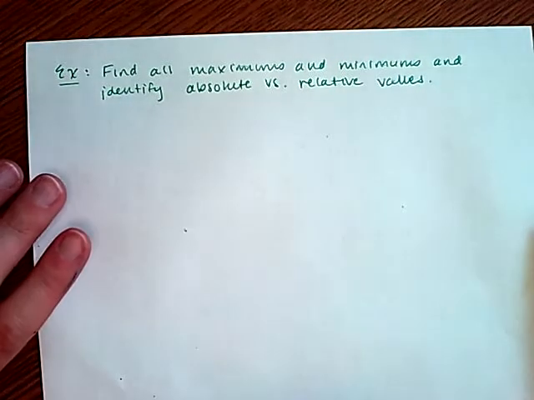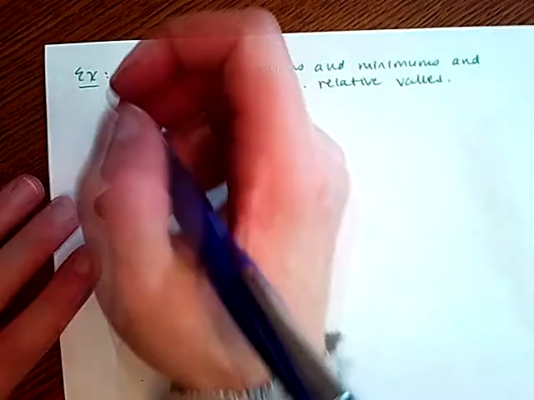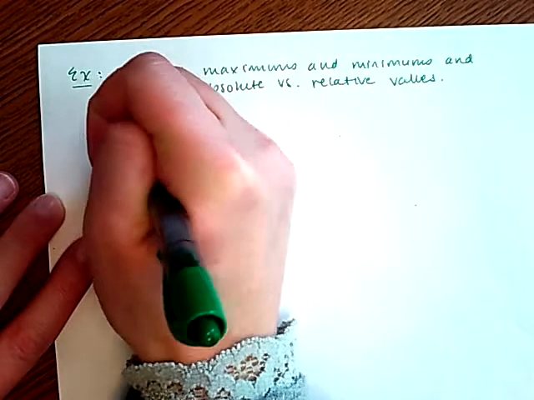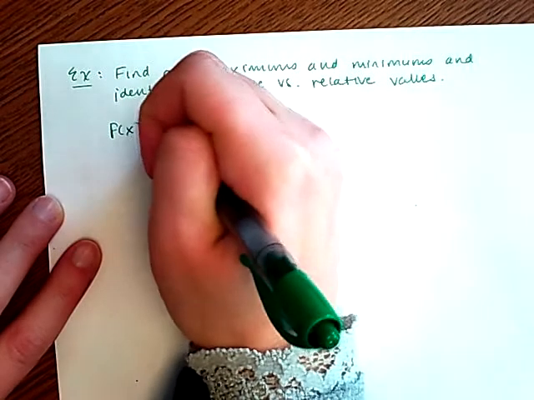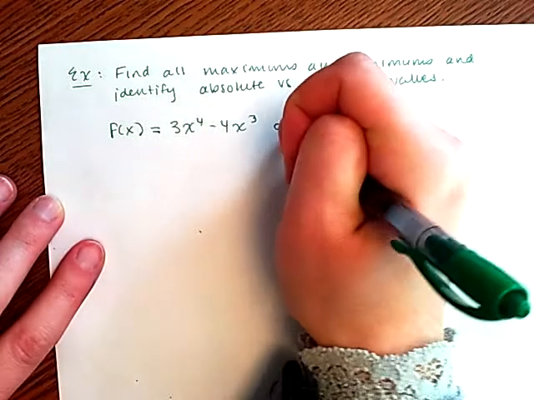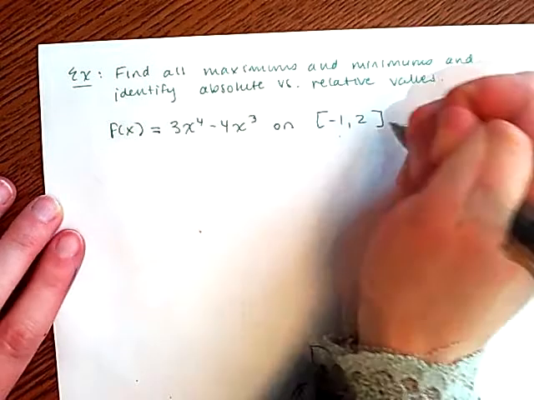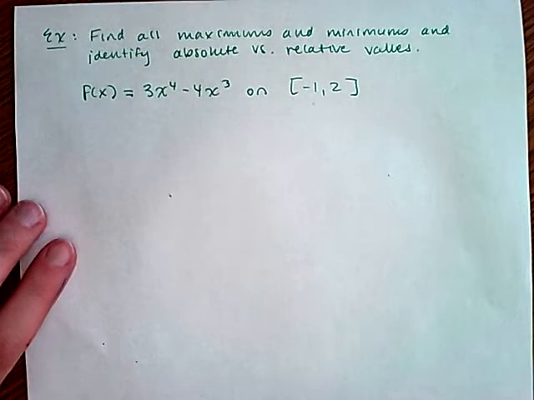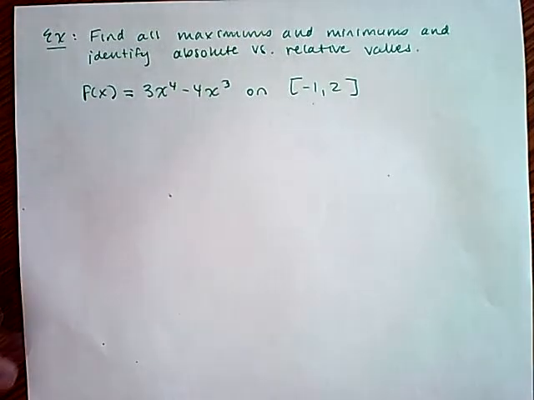Okay, so the function we're going to do, we'll start with a polynomial. f of x equals 3x to the fourth minus 4x to the third, on a closed interval from -1 to 2. Okay, so the first part of this process is going to feel really similar to what we've been doing. I'm going to do the first derivative test, okay?